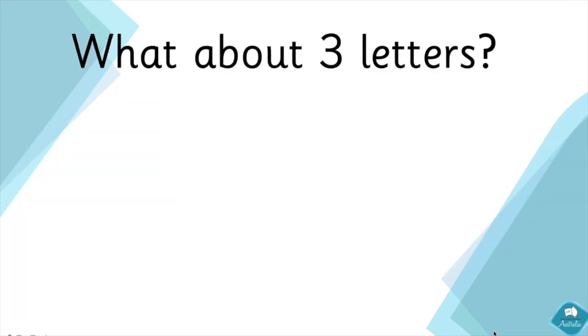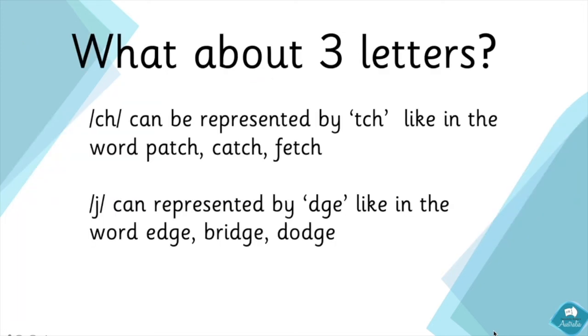Now, what about three letters? Do we know what three letters is called? So we've got our ch sound, but it can be represented by TCH, like in the word patch and catch and fetch. And we also had the word hatch in our previous slide. Also, our j sound can be represented by DGE, like in the word edge and bridge and dodge.